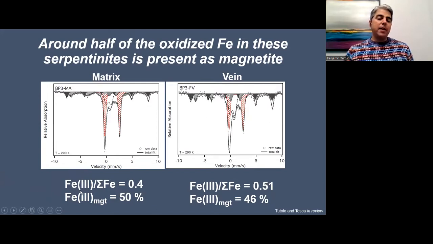We also see that the oxidized iron attributable to hisingerite versus magnetite is around half. So at the same time we're generating oxidized iron in the form of hisingerite, we're generating about an equal amount of oxidized iron in the form of magnetite.